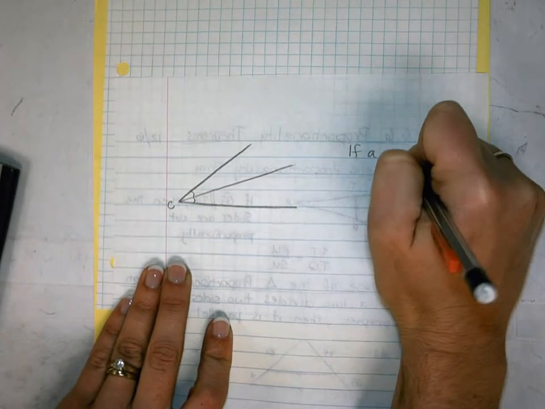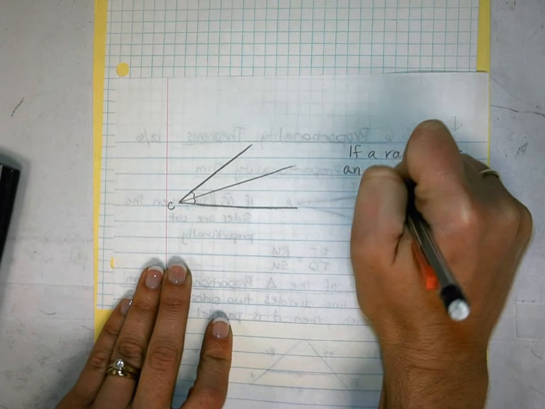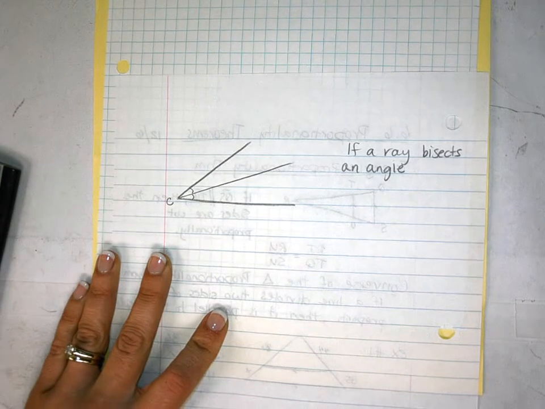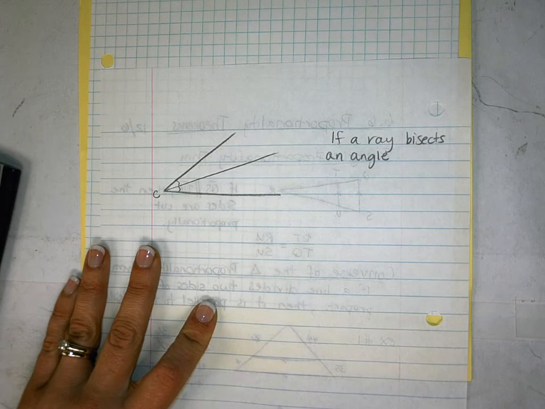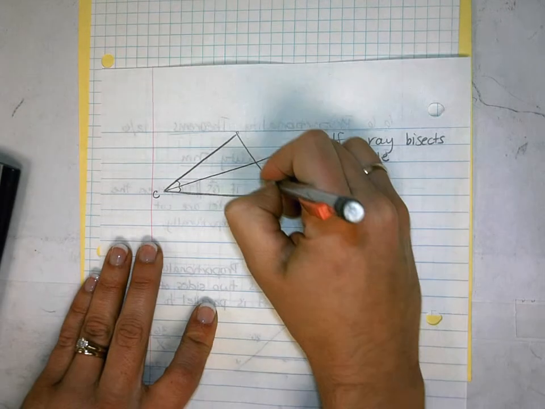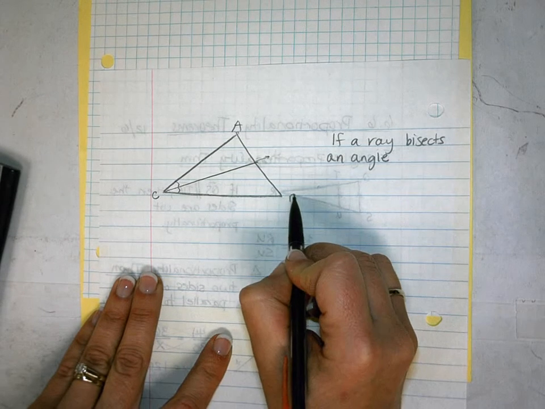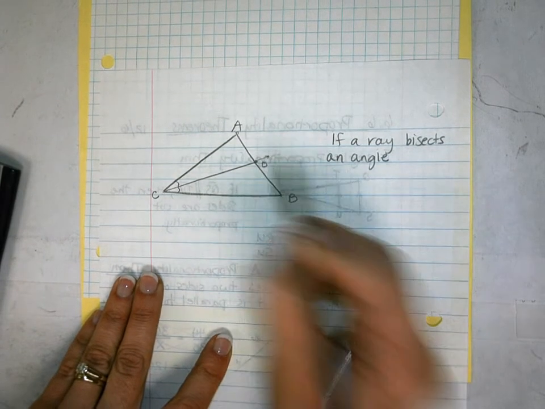If a ray bisects an angle, and then I'm going to make this into a triangle. Okay, so actually the ray can continue on. I'll call this A, call this B, and we'll call this point D.